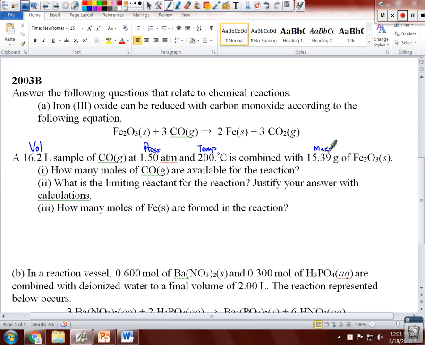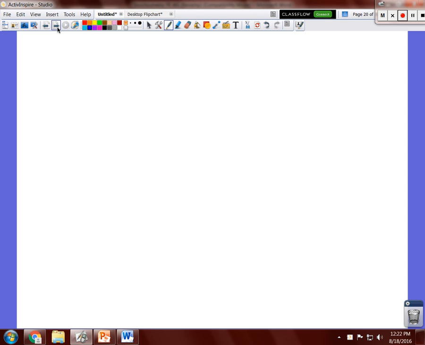How many moles of CO are available for the reaction? So let's think about it. What were we given about carbon monoxide? We were given a volume, a pressure, and a temperature, and we were asked about moles. Can we solve moles based on the 3 things we were given? Yes. What can we use? PV equals nRT. We have all of them but the n, right? So we have PV equals nRT.